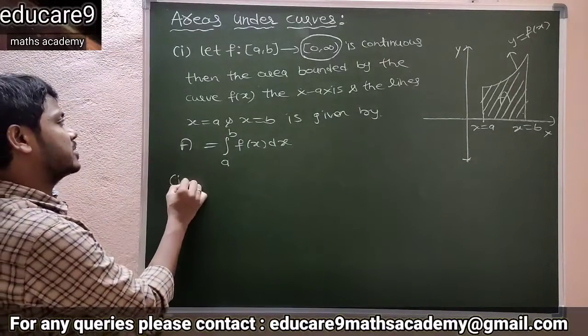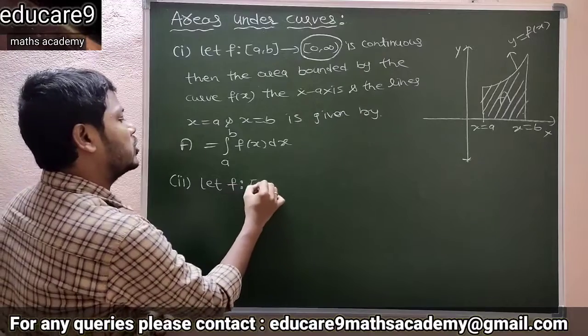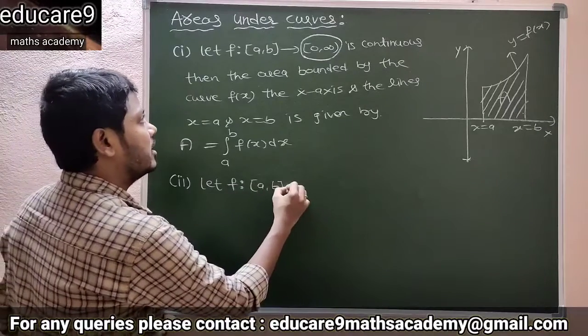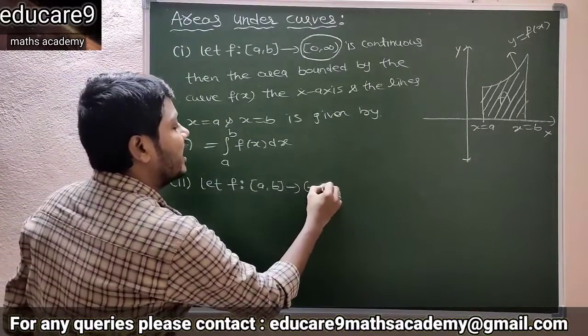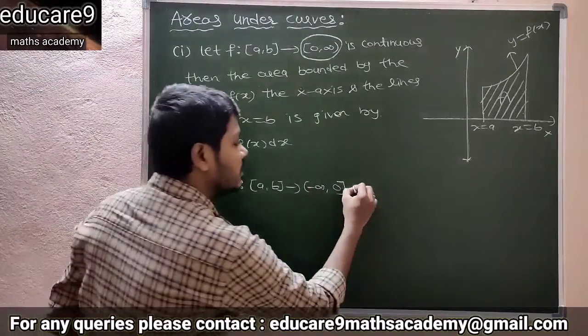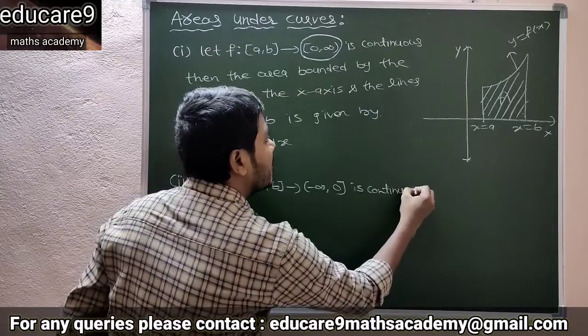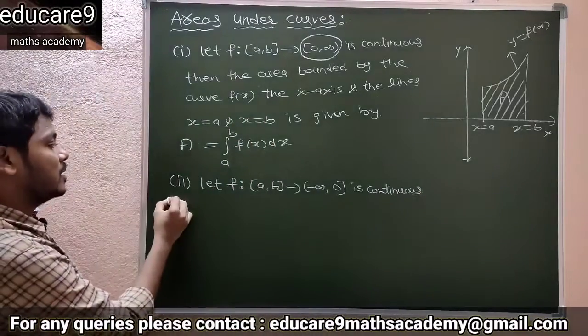And see the second case. Let f from the closed interval a comma b to minus infinity comma 0 be continuous.